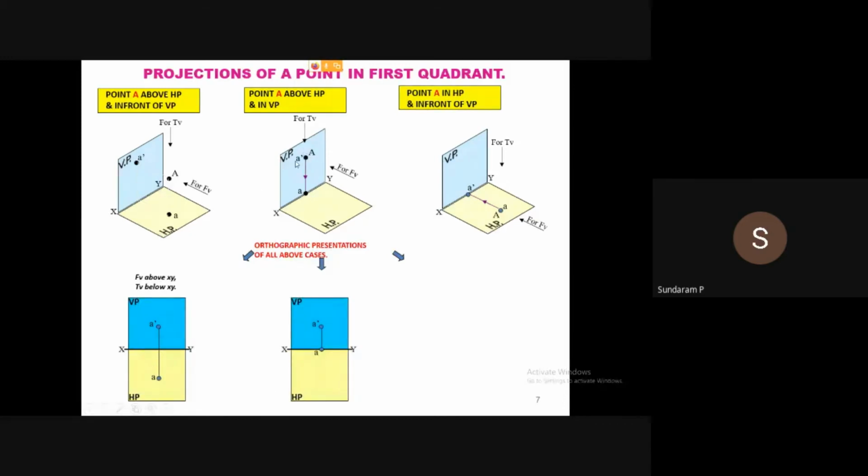Suppose the front view is above by some distance and the point is in the vertical plane, then the top view is on the same XY line. See the difference: it is the same first quadrant, but based on the description of the location of the object, our answer will come like that.